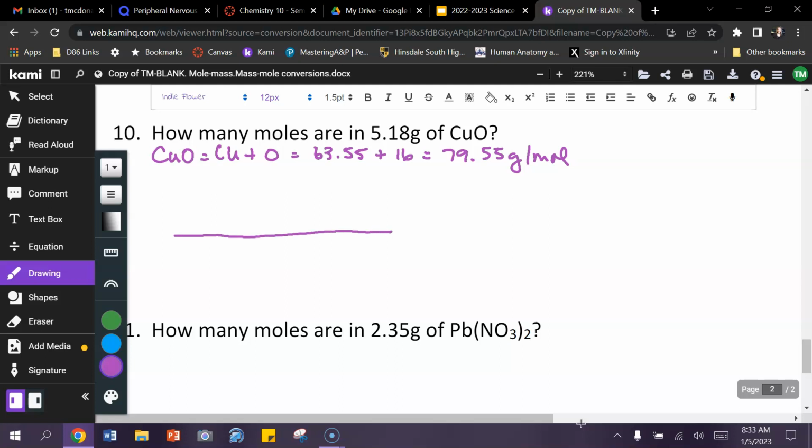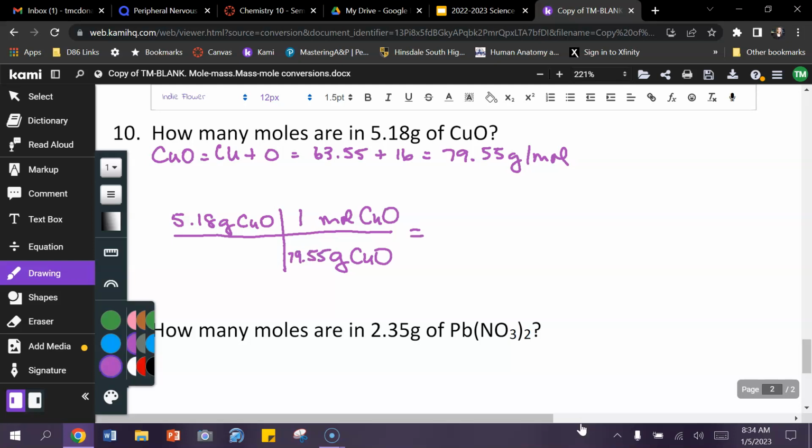Draw your dimensional analysis line. Write down what you're given first. 5.18 grams of CuO. And on the bottom here, we denote the unit, grams of CuO, moles of CuO. And we have 79.55 grams is equal to 1 mole.